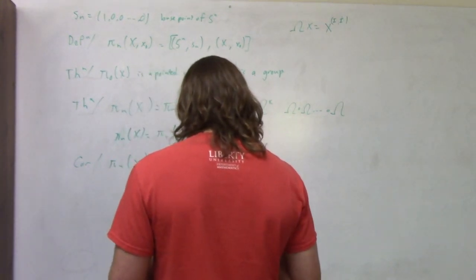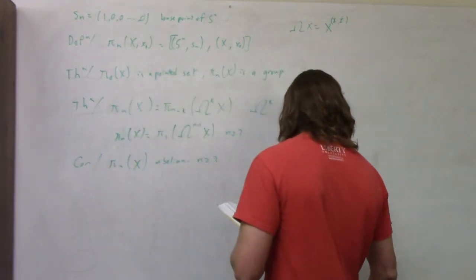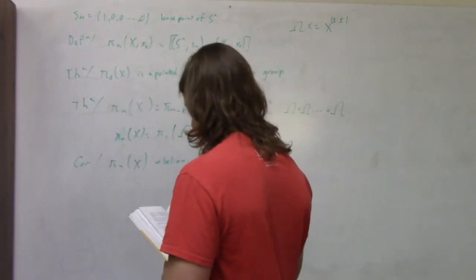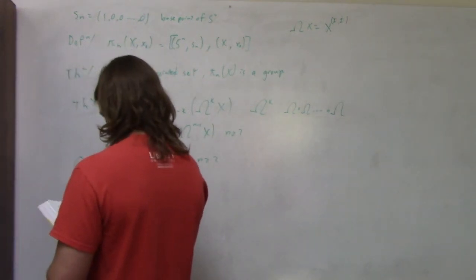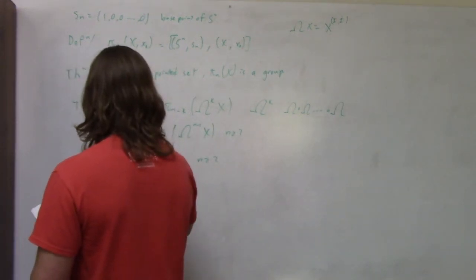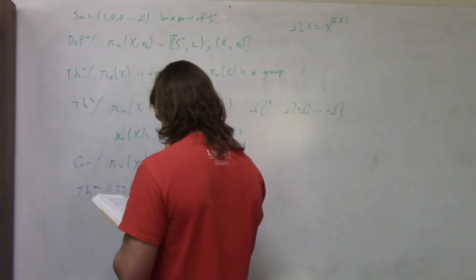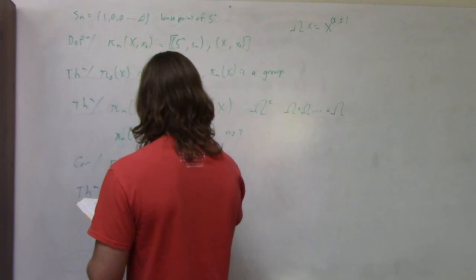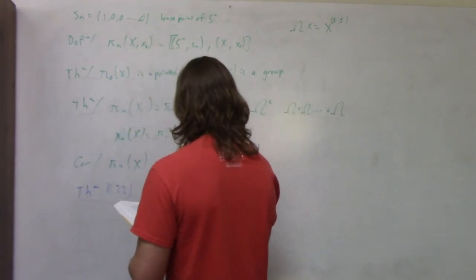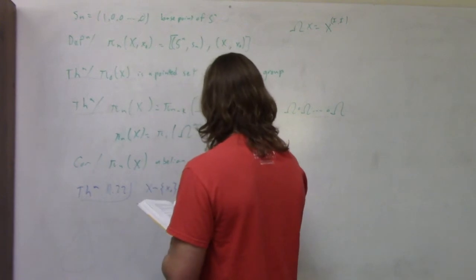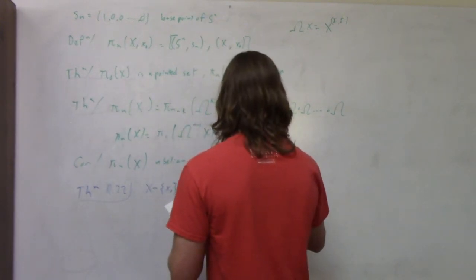Then we also have a general dimension axiom, theorem 1.22, that if x is a singleton, then pi n of x is equal to 0 for all n greater than 0.